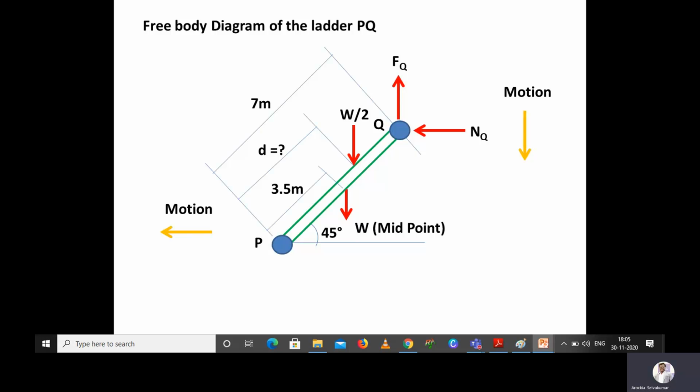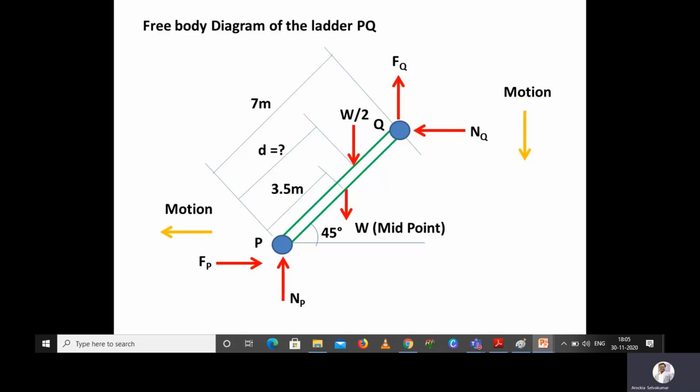If the ladder is moving towards the left, then the frictional force Fp will be towards the right. And the ladder and the floor will have a normal reaction, Np. So this is the free body diagram of the ladder.